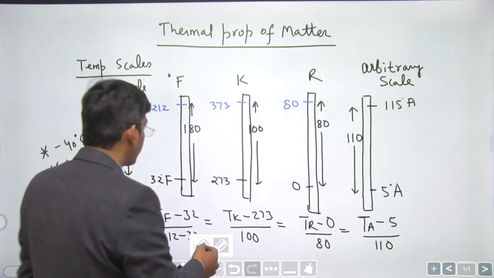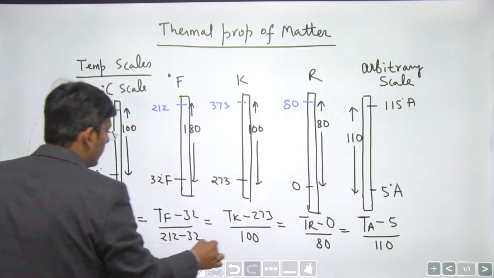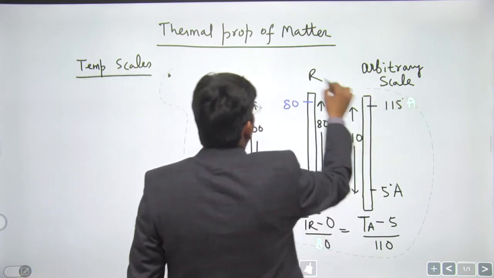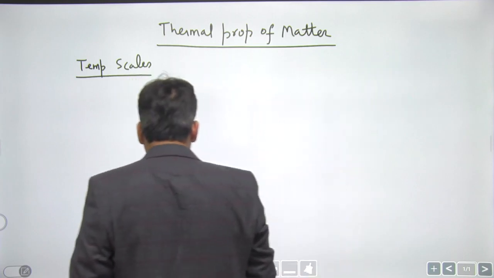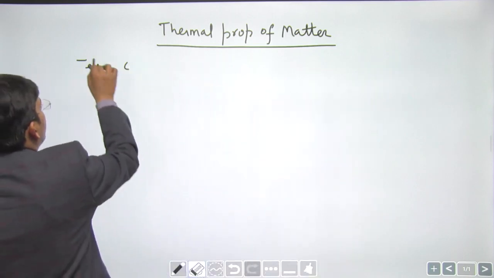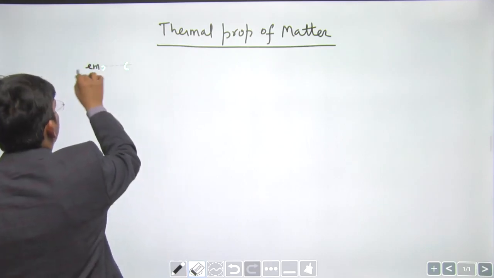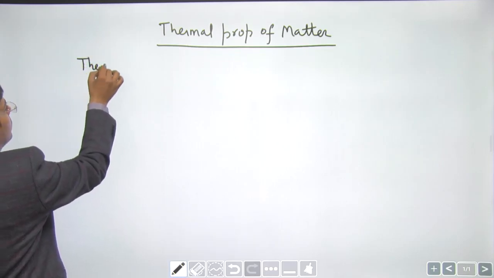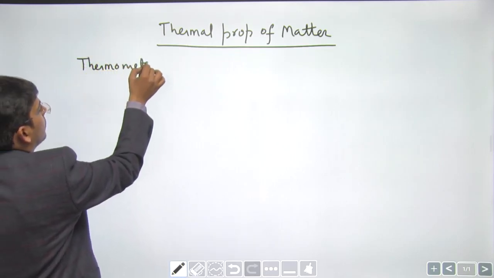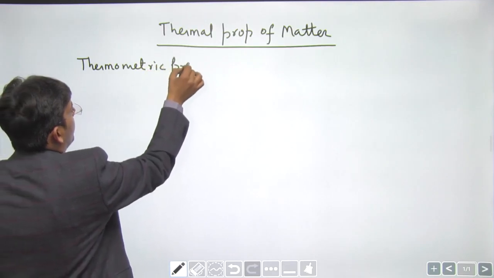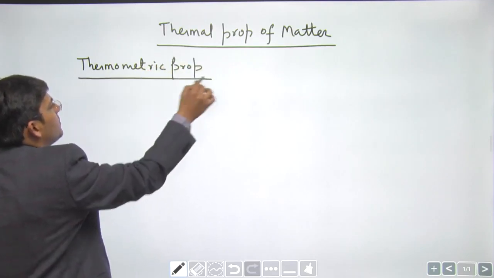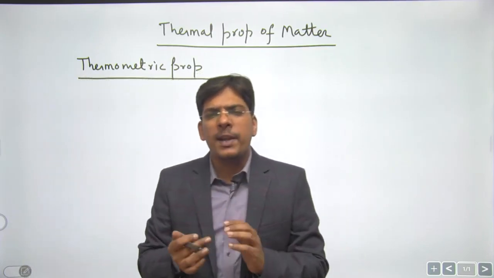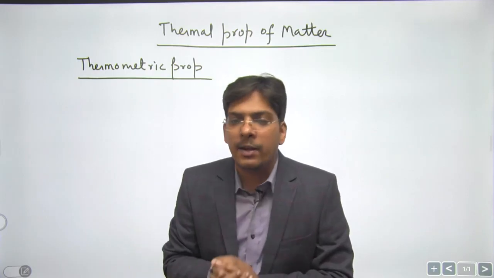Now let us understand what is a thermometric property. Any physical quantity which varies linearly in an ordered way with the temperature can be used to measure an unknown temperature.